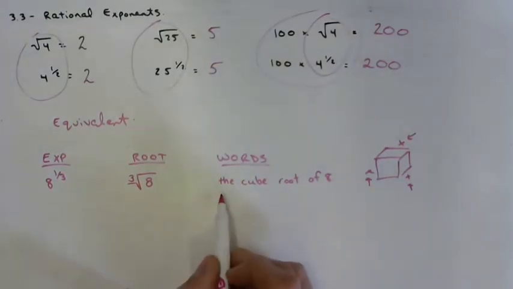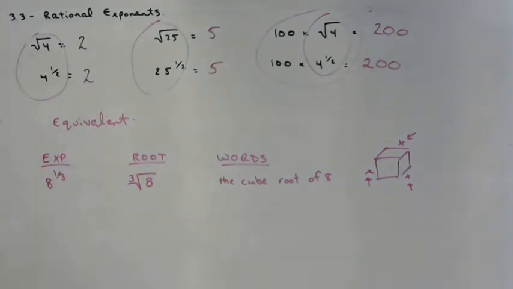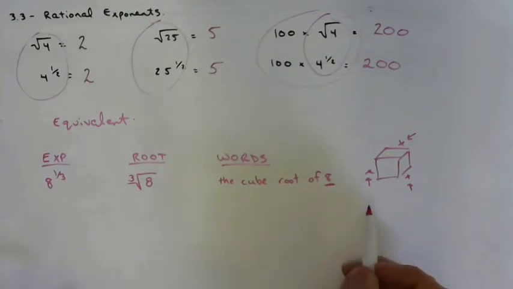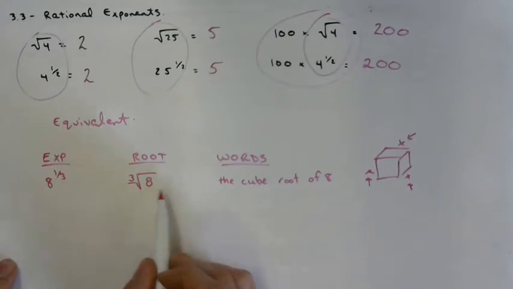If we're finding the cube root of a value, we're saying there is a factor that if you multiply it by itself 3 times, it will be 8. 2 times 2 times 2 is 8. Therefore, the cube root of 8 is 2. 2 is the factor that gets multiplied by itself 3 times to get up to the value of 8. At any rate, right now, you just need the language and the symbol, the cube root of 8.